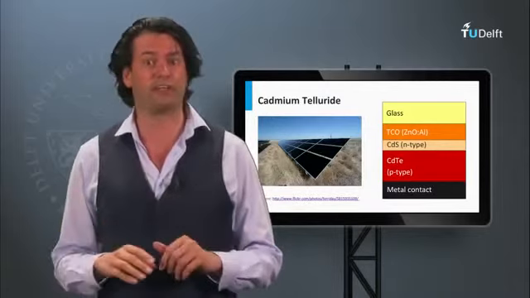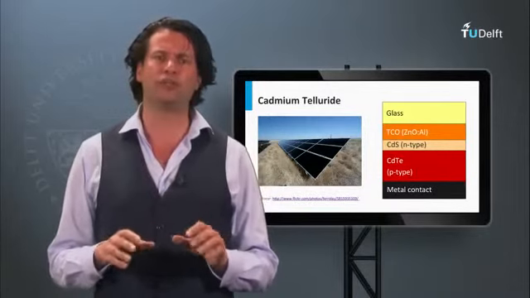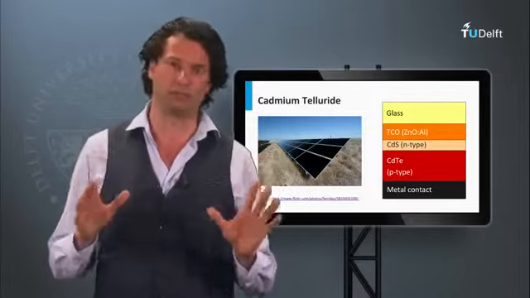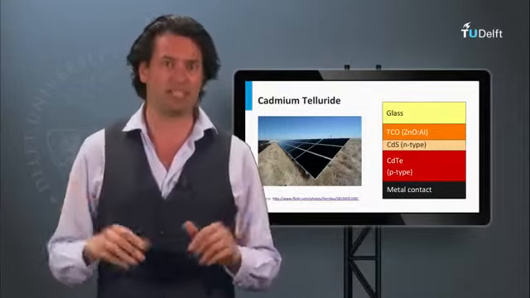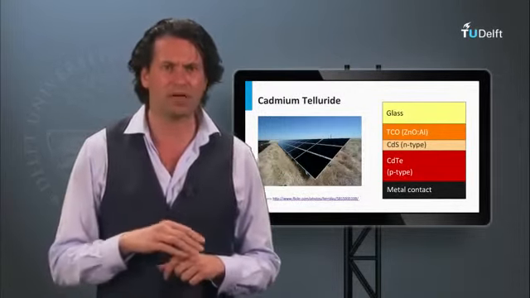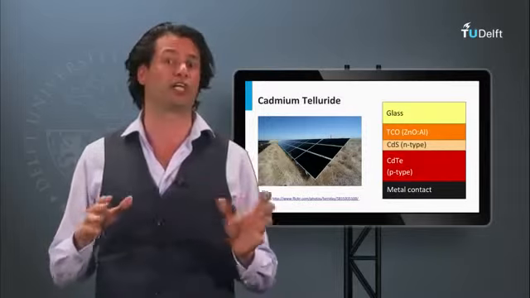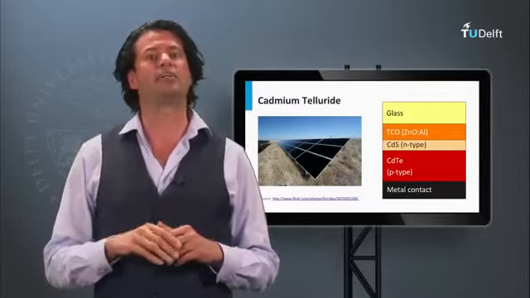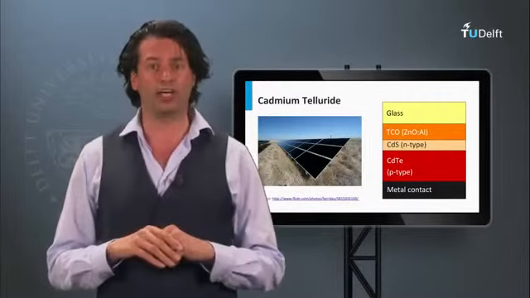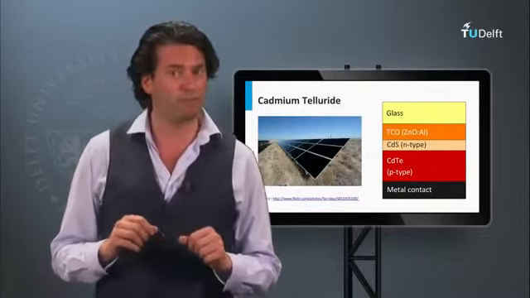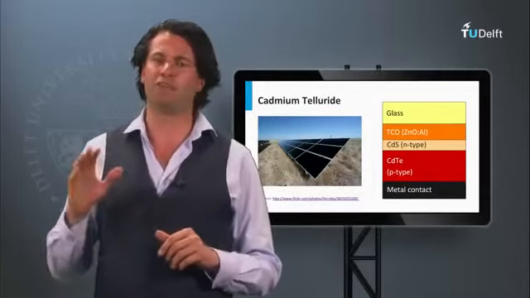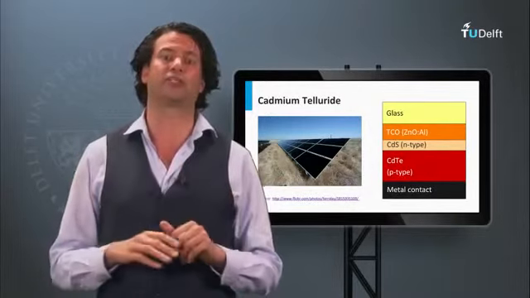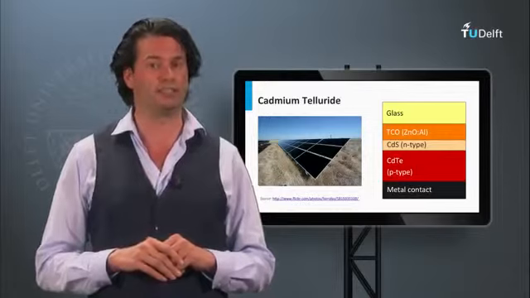An alternative thin film PV technology is based on a 2-6 semiconductor, cadmium telluride. Cadmium telluride PV technology belongs to the so-called second generation technology as well. The cadmium telluride has currently the largest market among the thin film PV technologies. In week 5, we will discuss this technology in great detail.